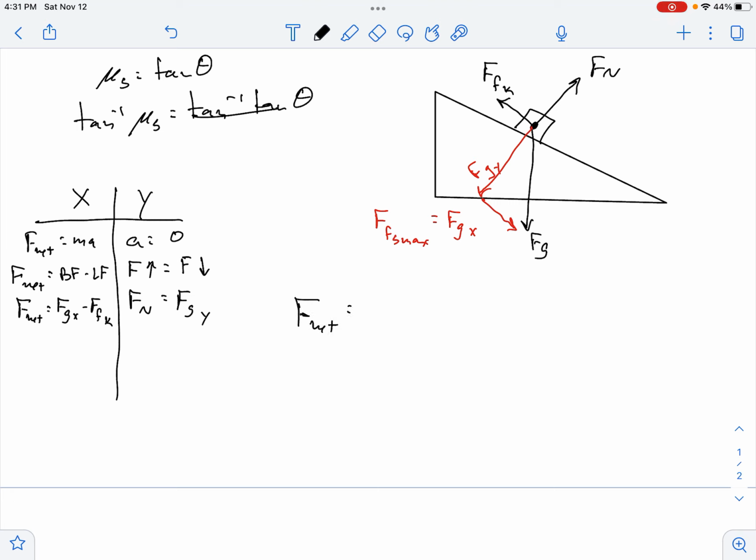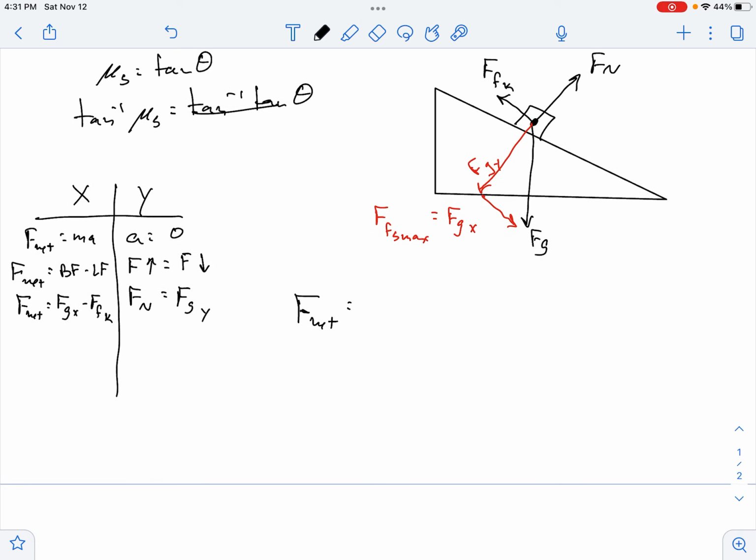F net is going to be equal to, I'm going to take my force of friction static max and plug that in for Fgx. So my F net is going to be equal to force of friction static max minus my force of friction kinetic.